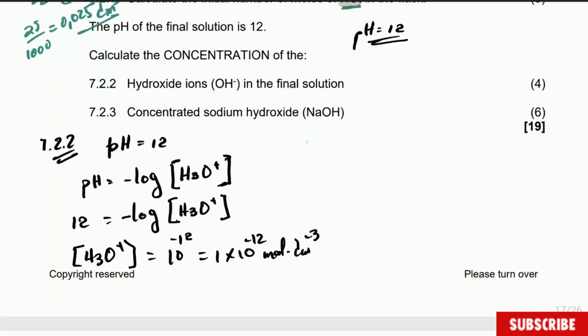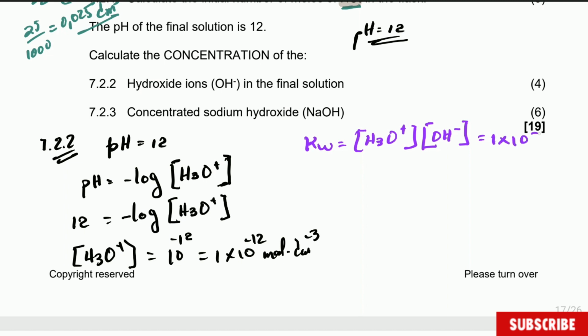So you come here and you say Kw is equal to the product of the concentration of H3O+, which we know already, multiplied by the concentration of OH minus. And all that is equal to 1 times 10 to the minus 14.